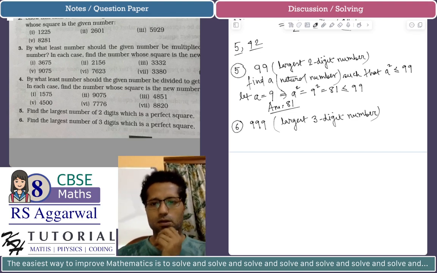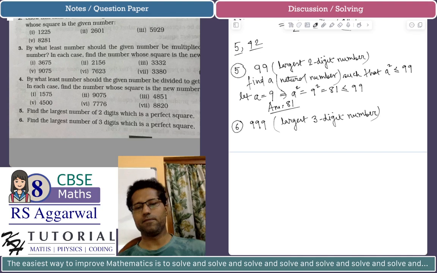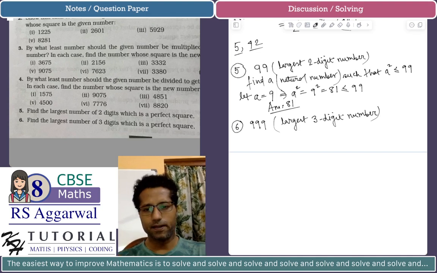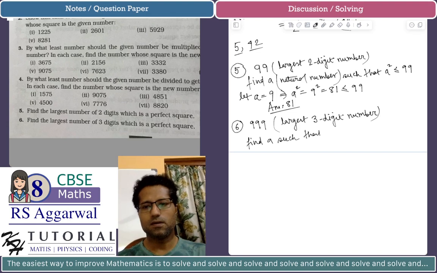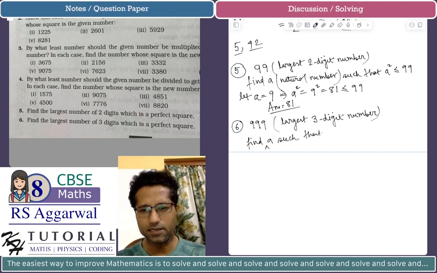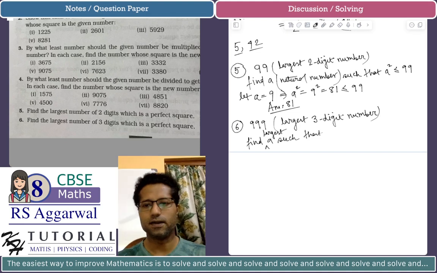Now, similarly, we have to find the largest a such that a square is less than or equal to 999.